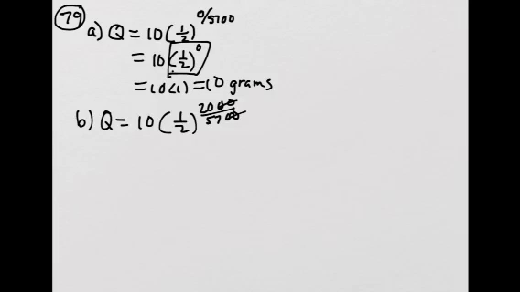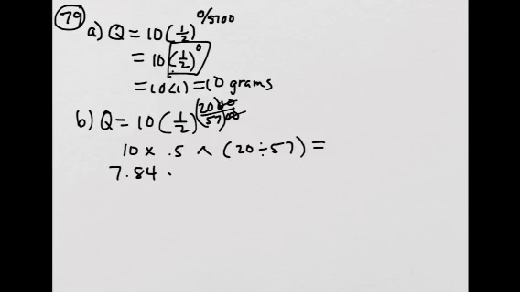Make sure you put parentheses in your calculator. So you would put 10 times 0.5 to the power of, left parenthesis, 20 divided by 57, close parentheses, and then equal. And so you get 7.84 grams.